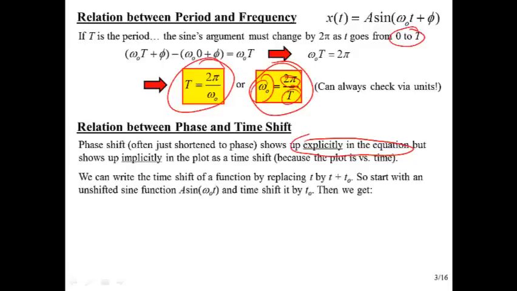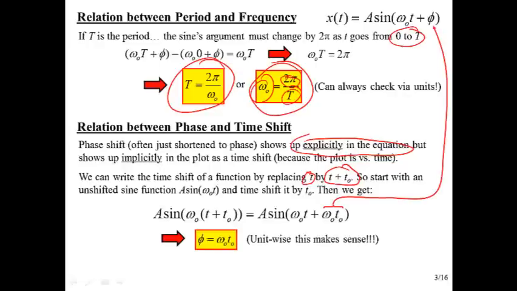So we can write the time shift of a function by replacing t by t plus t0. Notice we define t0 as being a shift to the left, so positive t0 with a positive sign there gives us that shift to the left. So start with this unshifted sine and make that change.